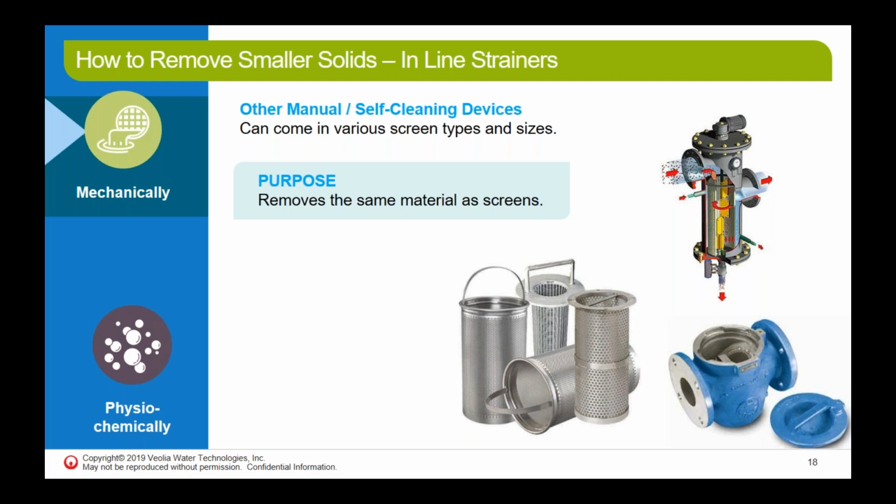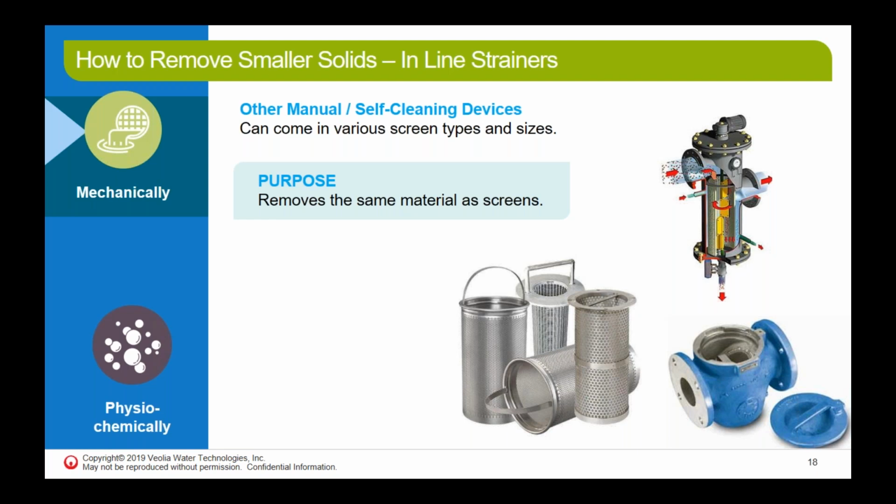So starting from the mechanical separation, the best example to start with is always your basket strainer. Everyone is very familiar with them, and they're a great example of a mechanical barrier for the solids. We're talking about coarse solids that we don't want in our piping and we don't want on our equipment, especially moving parts equipment like centrifugal pumps, for example.